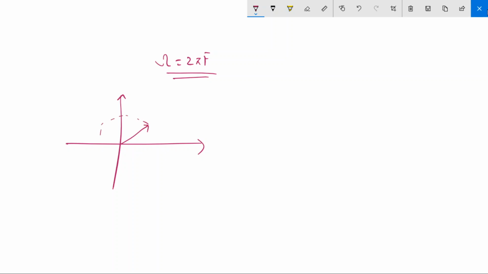It means you have a phasor basically. Maybe I take a phasor like this. You have a phasor which is rotating with a frequency of omega radians per second. And when you get the sine and cosine functions, they are nothing but the projections of this phasor on the x and y axis.